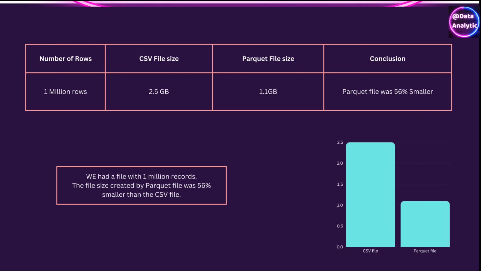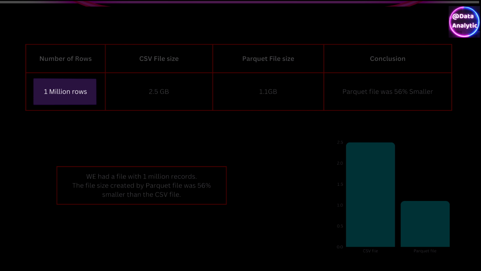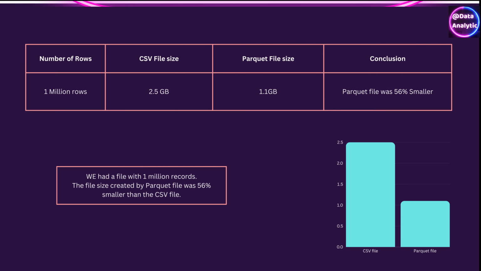So here are my observations. By no means is it a scientific benchmark, because I've only run each scenario once on my local SSD drive and once on my NAS drive or my network drive. I created 1 million rows of data using the wakefield package, and I used the data.table package to read and write the CSV files, and I used the arrow package to create the Parquet files and then read them back.